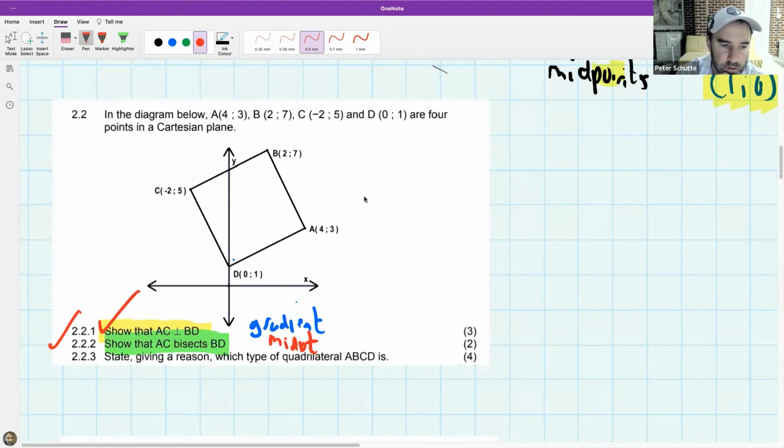So how do you find the gradient? Yeah, I really like writing down my plan first. It makes me feel organized.